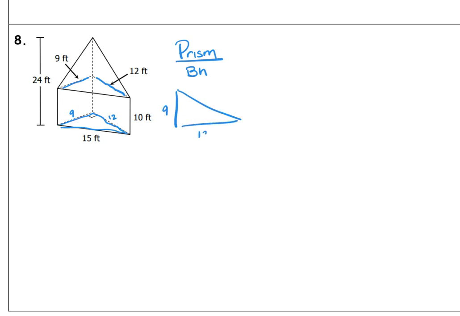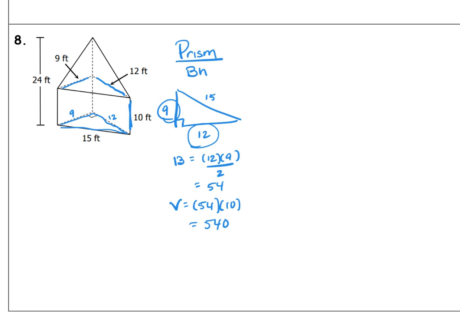You have a 9, a 12, and a 15. When we find the area of this, we only care about these two numbers. So area of the base is 12 times 9 divided by 2, which is 54. So volume here is area of the base times the height of 10. So 54 times 10 is 540.